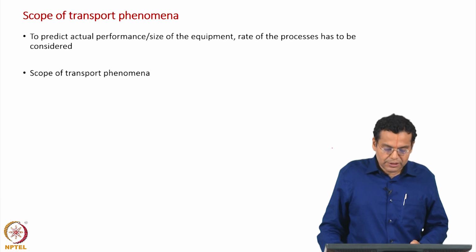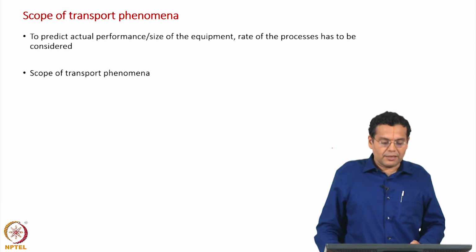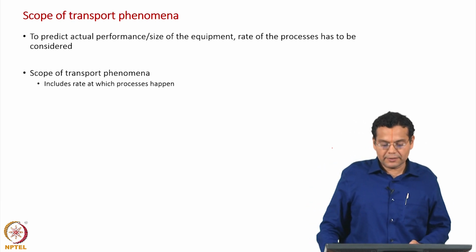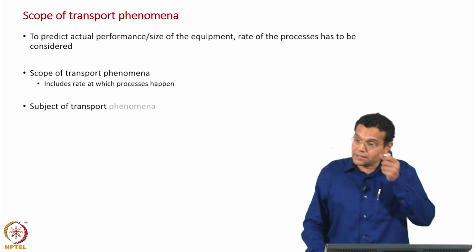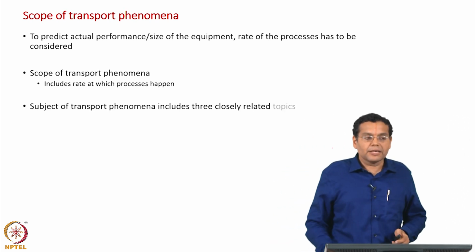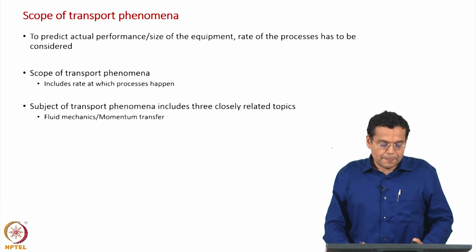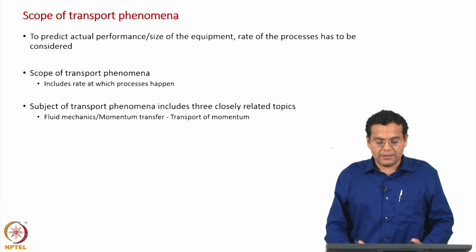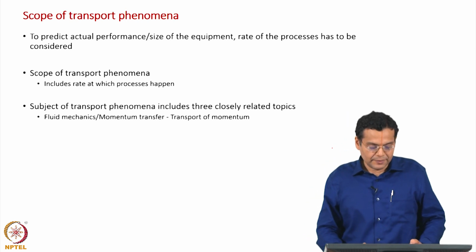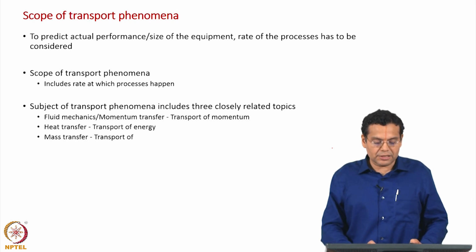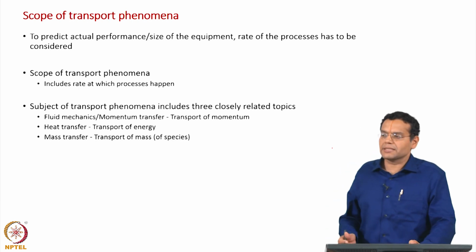So, transfer phenomena includes the rate at which processes take place. And what does transfer phenomena include? It includes three closely related topics, namely fluid mechanics or momentum transfer, which deals with transport of momentum, heat transfer, which deals with transport of energy, and mass transfer, which deals with transport of mass. When I say mass, I mean mass of species.